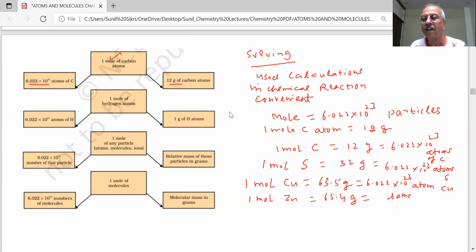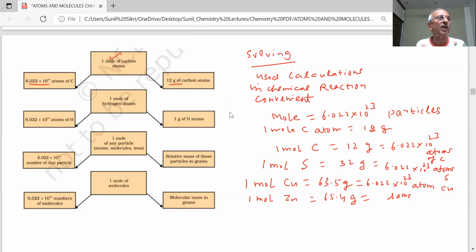Lead is heavier. So we have to check the list of atomic masses given in the books. You will see how heavy 1 mole of an element will be.